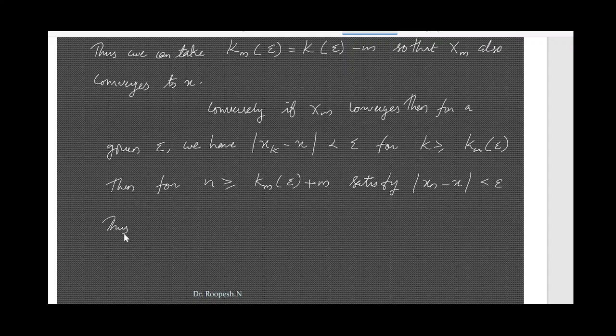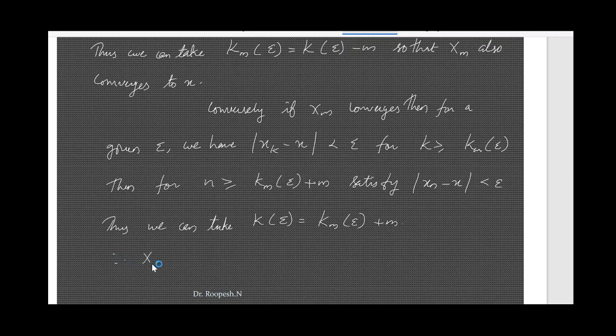Thus we can take k of epsilon for the original sequence x equal to km of epsilon plus m.